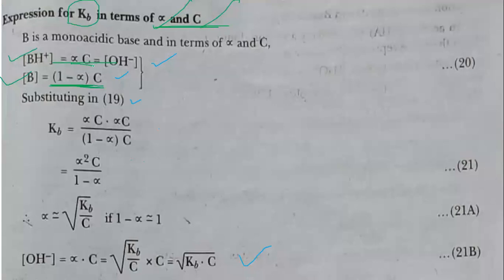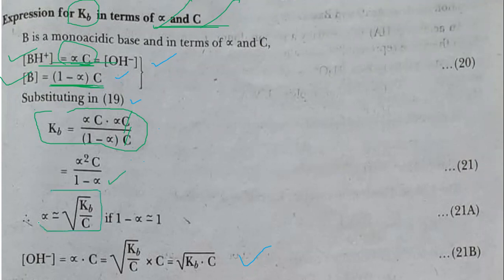Putting this in the previous equation, Kb is equal to alpha C upon (1 minus alpha) into C. So C gets cancelled: alpha square C upon 1 minus alpha. If 1 minus alpha is equal to 1, then alpha is equal to the square root of Kb upon C.